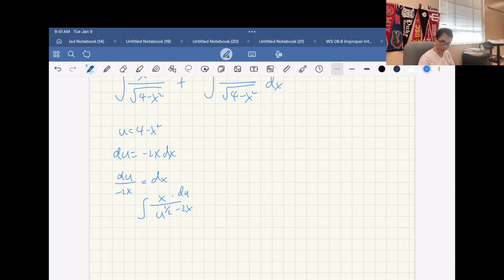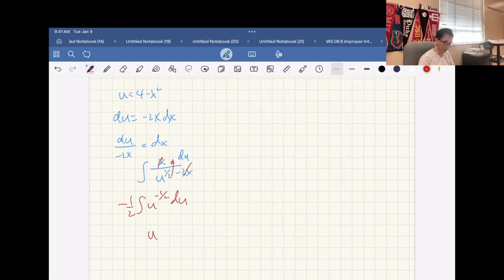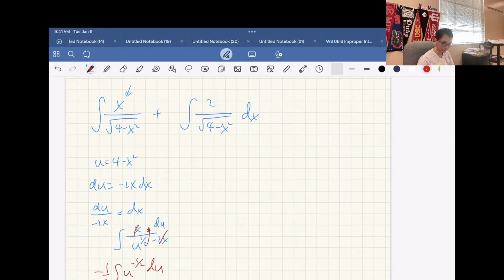This x will end up canceling out. So that's going to be negative 1/2 integration of u to the negative 1/2 du, because I just used the power rule moving up. If I integrate this, it's u to the 1/2 times 2 times negative 1/2. So it'll be negative square root of 4 minus x squared.